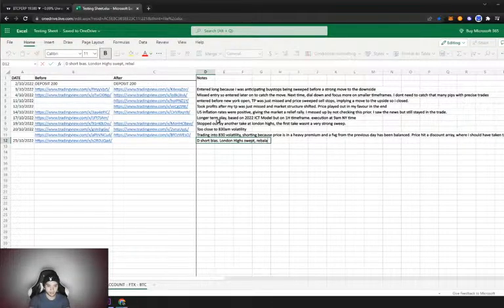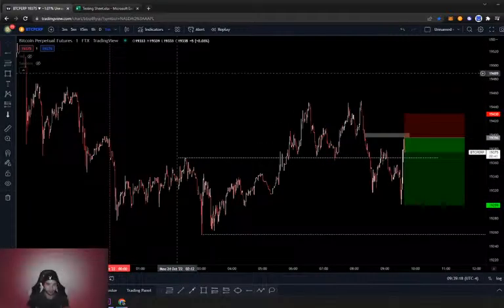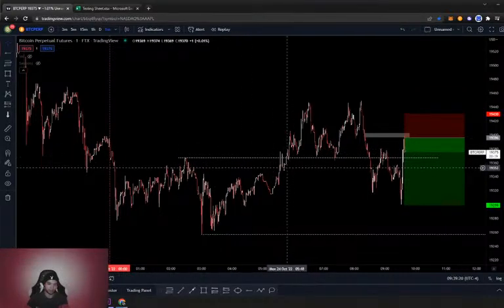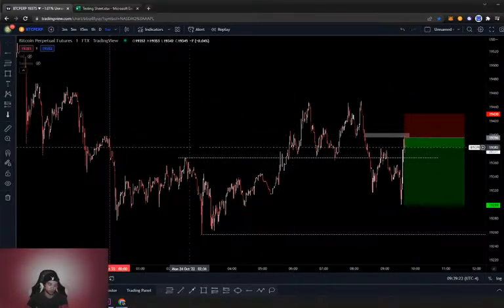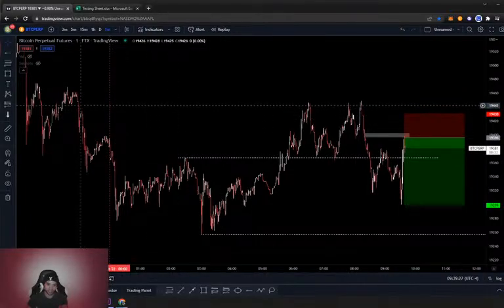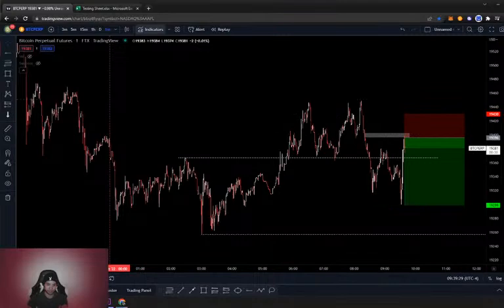Rebalancing previous day's fair value gap. So this is what I explained. We got a short bias already. We broke London highs, balanced the previous day's fair value gap, created a short-term low. That's the next step.